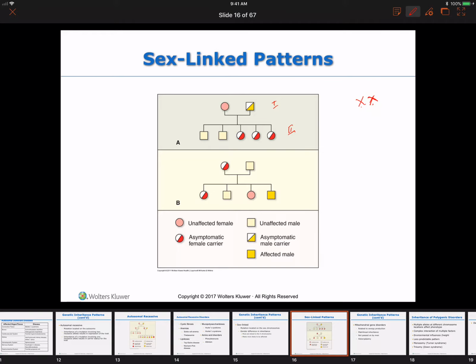So if she gets 1 copy, she will be a carrier. If that daughter marries someone, regardless of their genetic makeup, then she will give one of her X chromosomes to her son. So with sex-linked diseases, females are carriers, just like what you're seeing here, and males are affected for the most part.